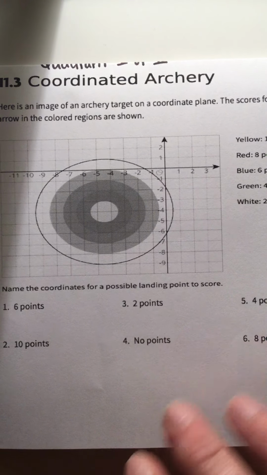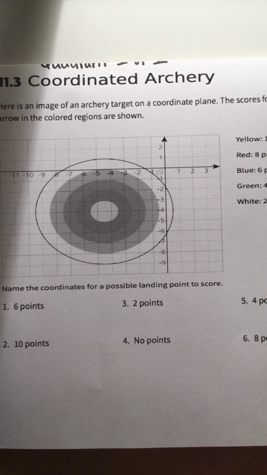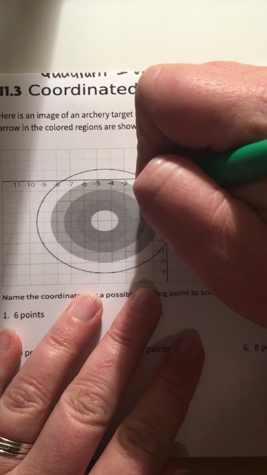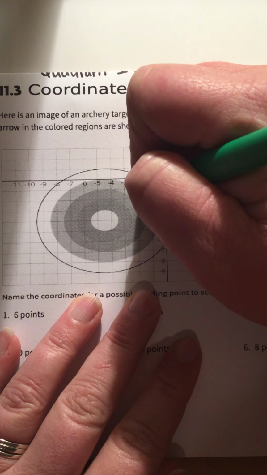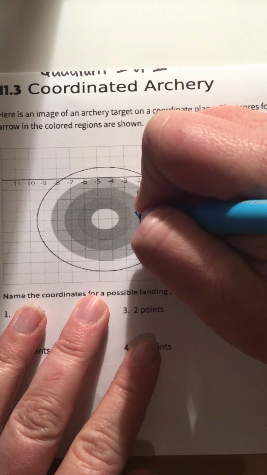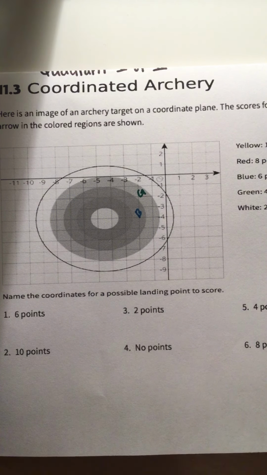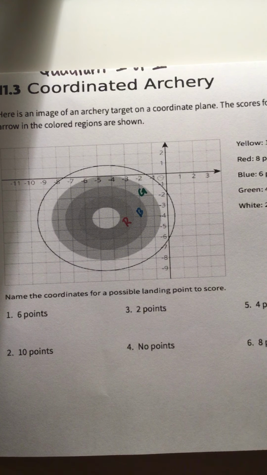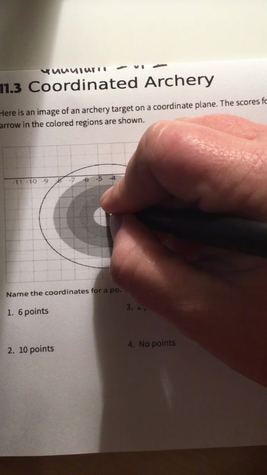Now I do apologize because this is a black and white copy, so it's hard to see. But let me go. This is green. This is blue. This is red. And this is, I don't have a yellow, so we're just going to write yellow here.